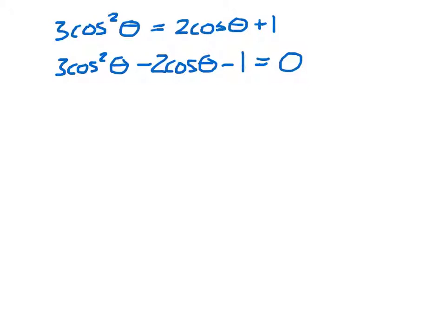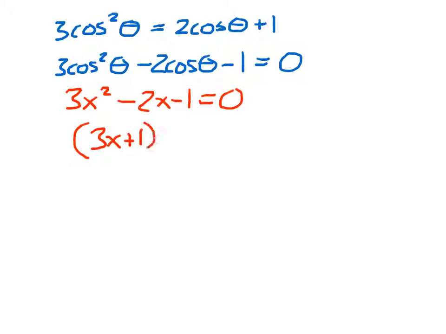And then I'm going to see if I can factor here. And remember, if you need to use substitution, you can. Right, 3x squared minus 2x minus 1. That can be factored to 3x plus 1 times x minus 1. And then when you're ready, just substitute cosine theta back in for x.